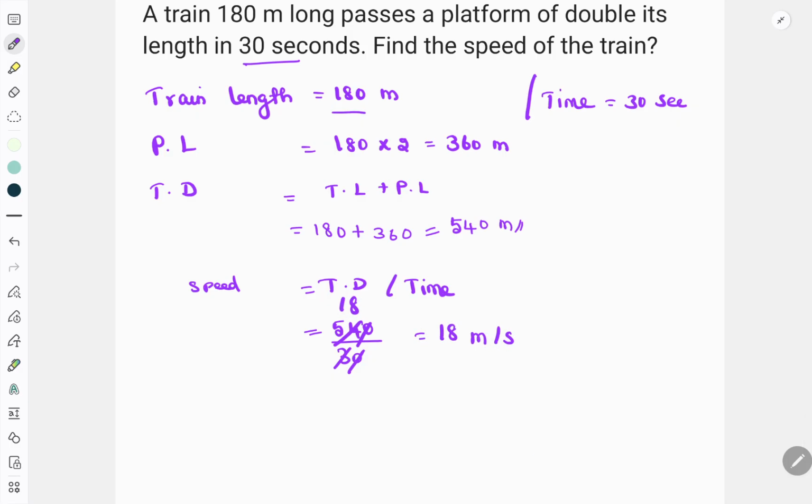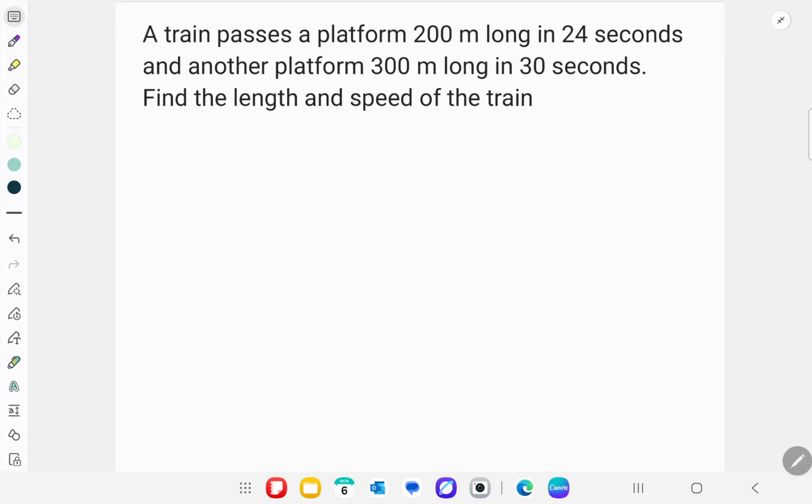If the answer is in the form of kilometer per hour, we have to multiply it by 18 by 5. So cut this, we get 3.6, which is 64.8 kilometer per hour. If the answer is in meter per second, it is 18 meter per second. If the answer is in kilometer per hour, it is 64.8 kilometer per hour. Okay, let's go to the next problem.